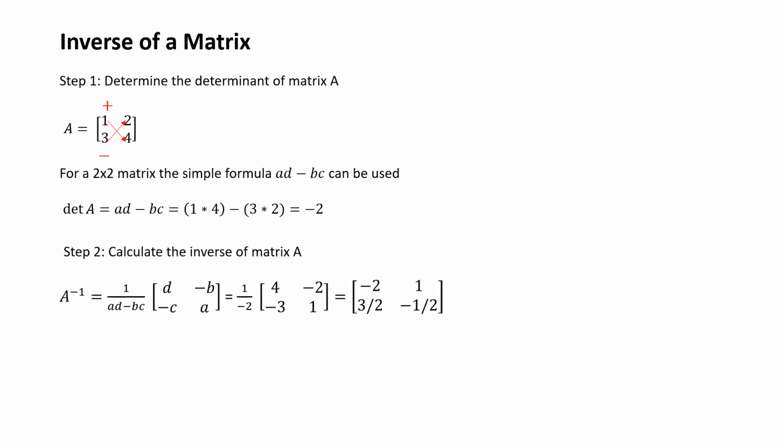We can see that coefficients A and D are swapped, so 1 is equal to A, therefore we have 1 in this position, and D is equal to 4, so we have a 4 over here. B and C are the exact same values, 2 and 3, except they have a negative. And this is the formula. And now we just multiply -1/2, and we get the inverse of matrix A.